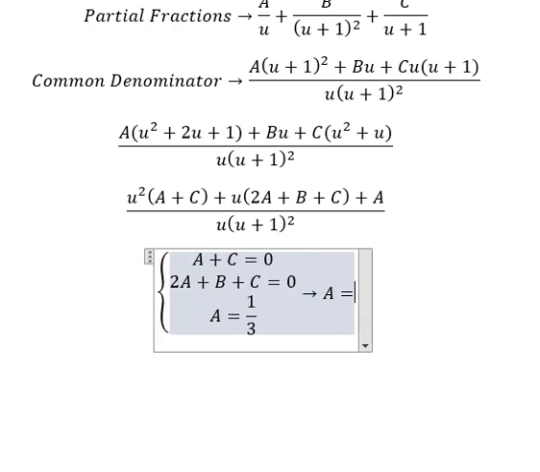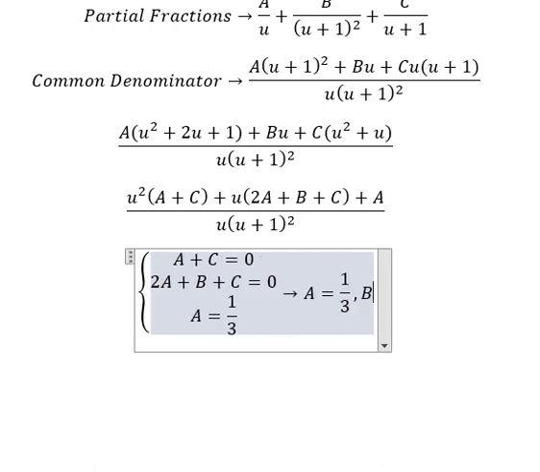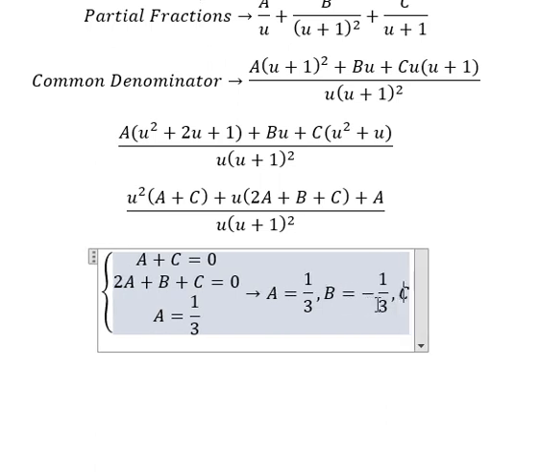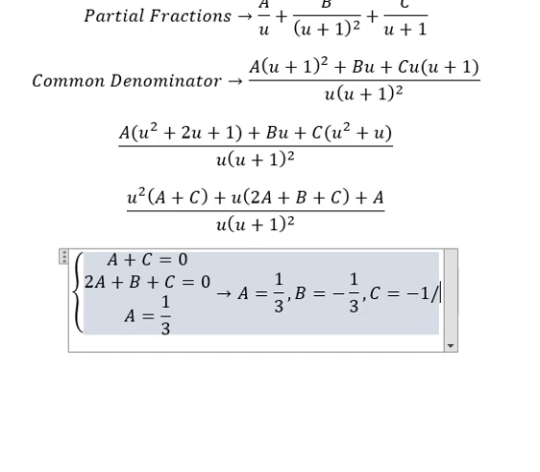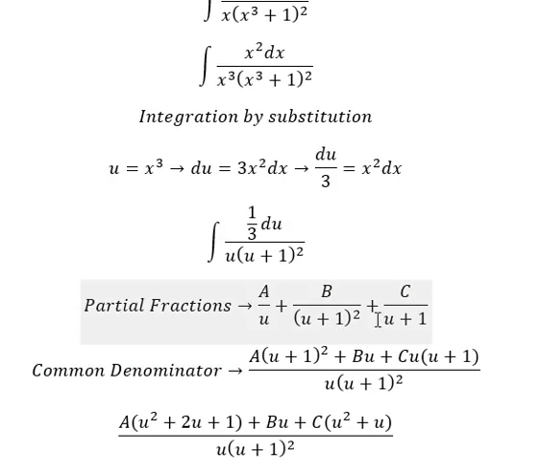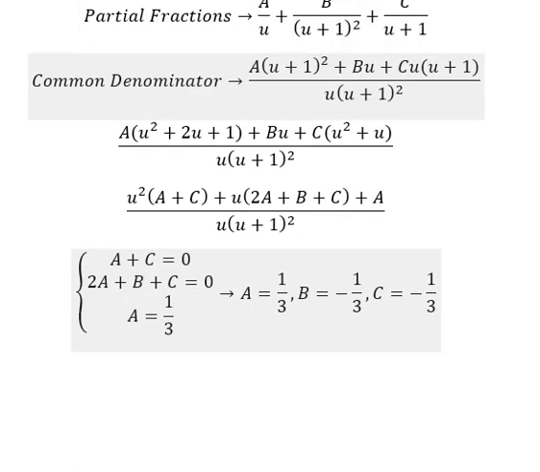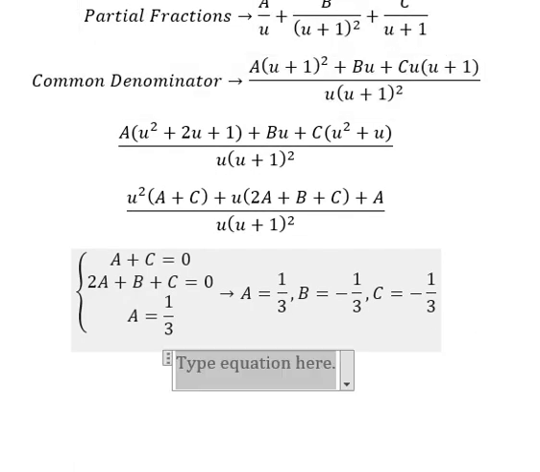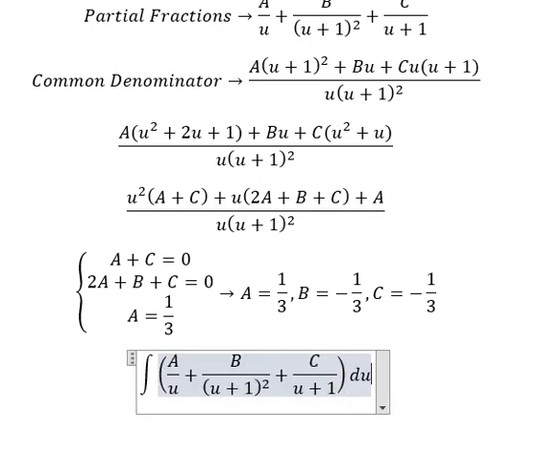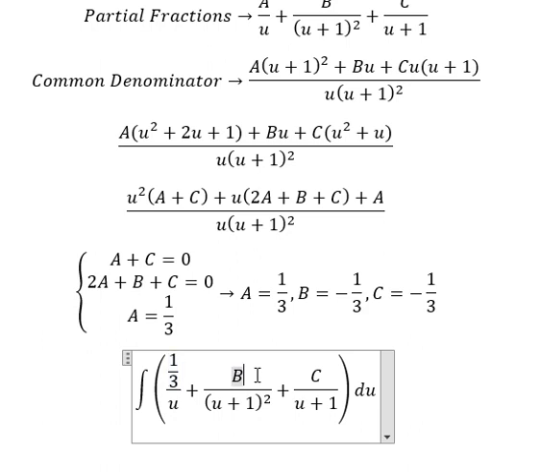So A equals 1 over 3, B equals negative 1 over 3, C equals negative 1 over 3. So we put A, B, C in here.